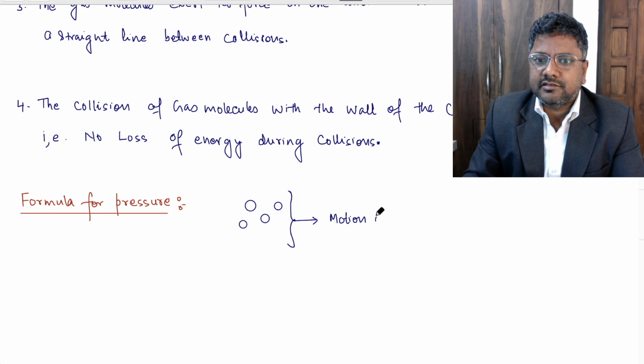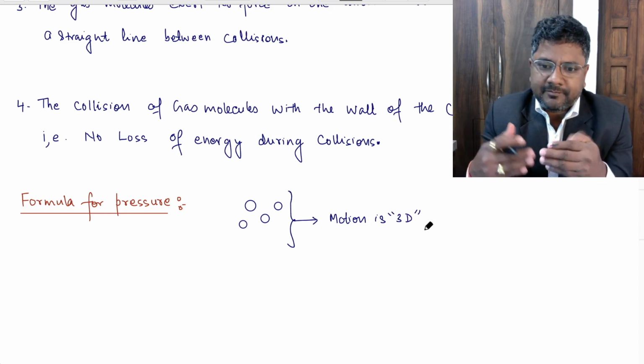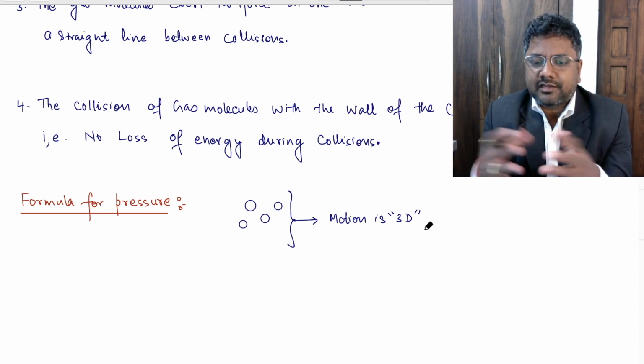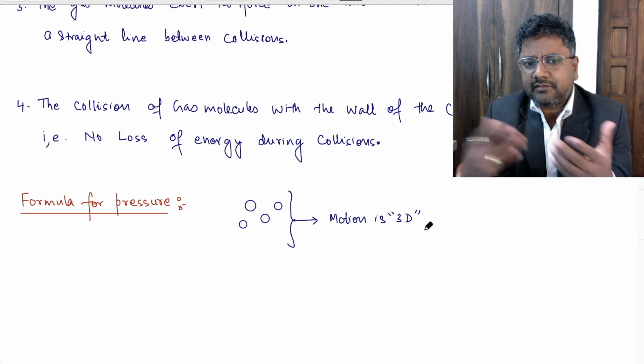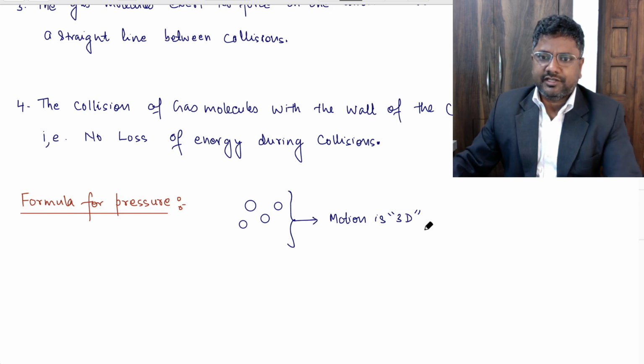Motion is 3D, right? So it means simultaneously they have x component, y component, and z component of their properties like velocity. If you consider velocity, then they have all three components of velocity, right?